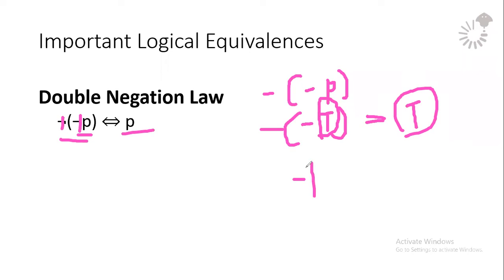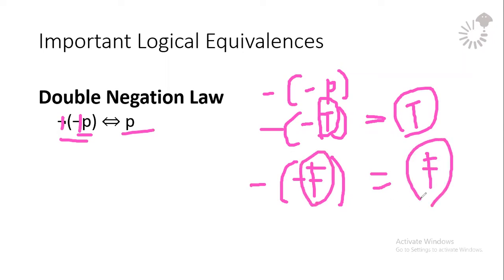If the value of P is false, not false is true, and then you negate not true, it goes back to false. This one and this one. Double negation. This is P equivalent to P. Follow? Yes, ma'am. Next.